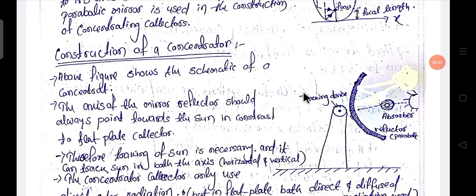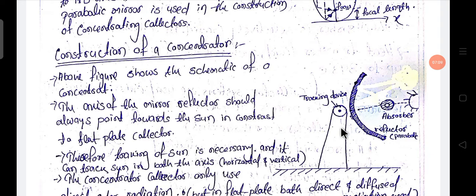Therefore, to be always in the axis of the sunlight, we should use a tracking device that tracks the position of the sun and accordingly adjusts the position of the parabolic concentrator.